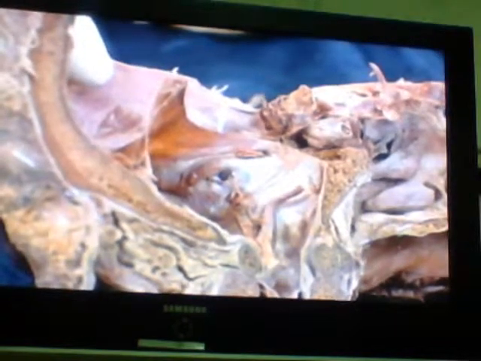So 6 is going to leave the pontopyramidal junction. This little fellow running up here. That is 6. He runs up on the clivus. This is where the belly of the pons is going to be.